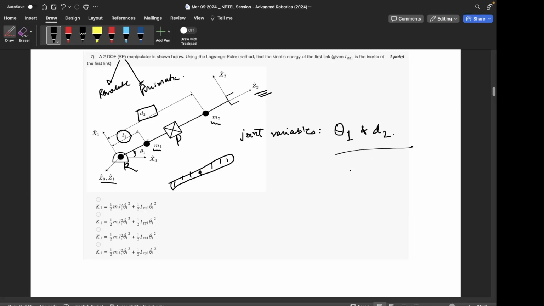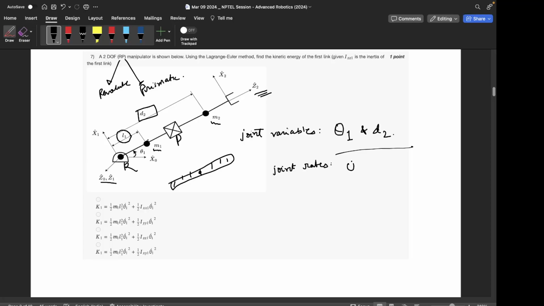Okay, so what you need to do is formulate or write the expression of the kinetic energy in terms of the derivatives of the joint variables, so the joint rates.